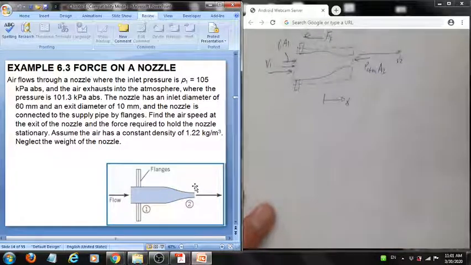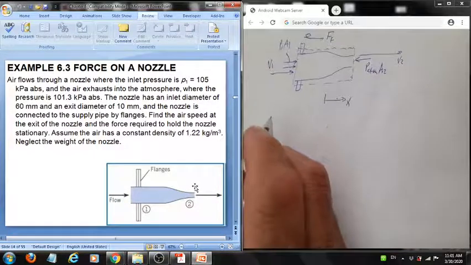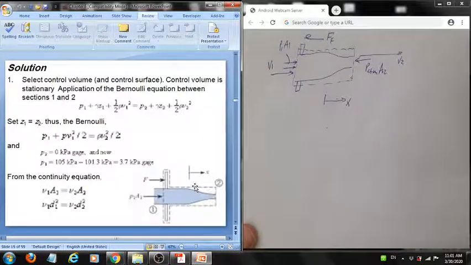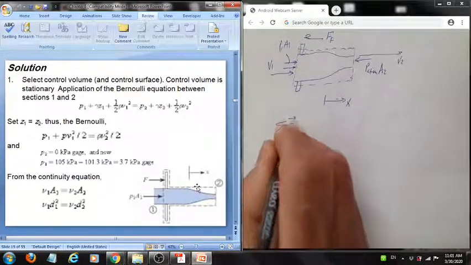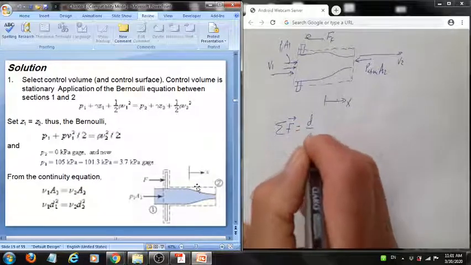If we simplify our equation, the momentum equation, again let's write it one more time.